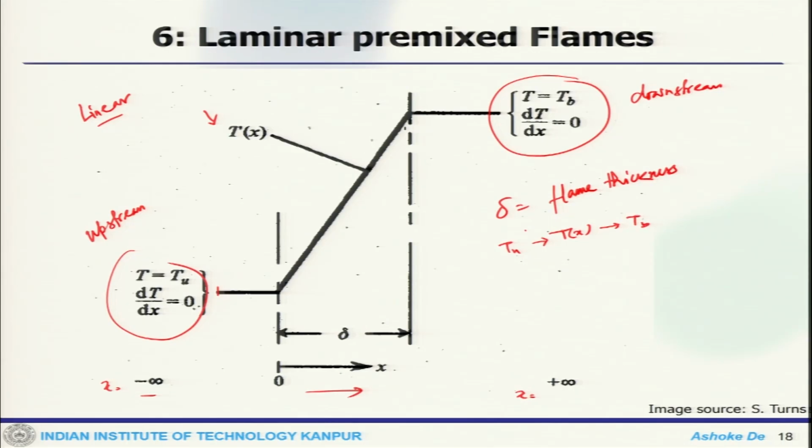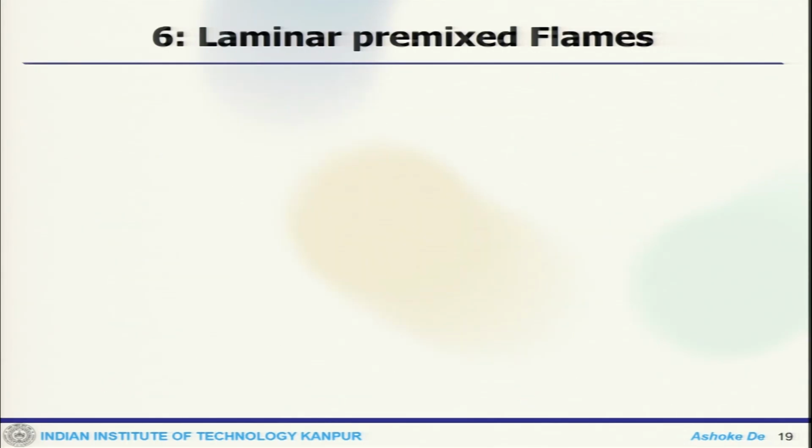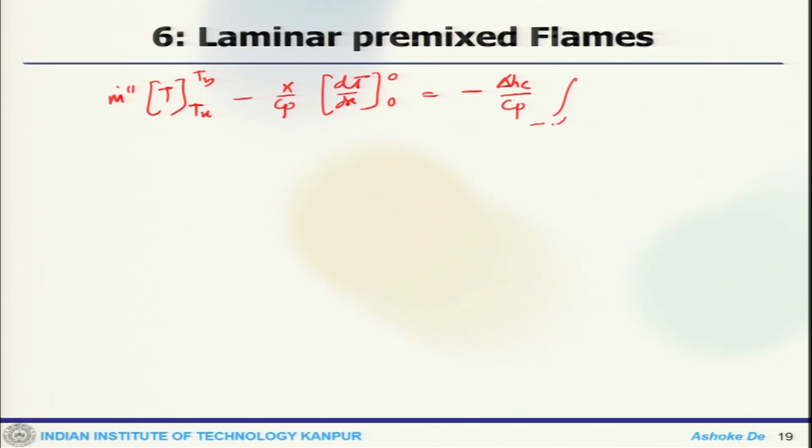Okay. Now, we integrate 6.7b and we get m dot times (T unburned to T burned) minus kappa by Cp dT by dx, which is the limit 0, heat of combustion by Cp from minus infinity, dx.